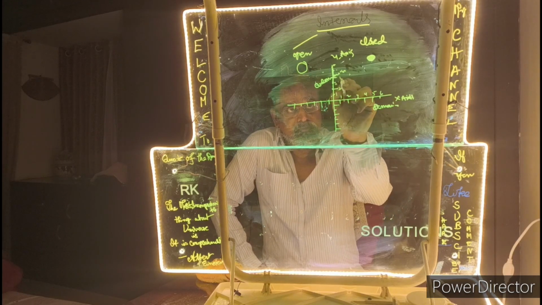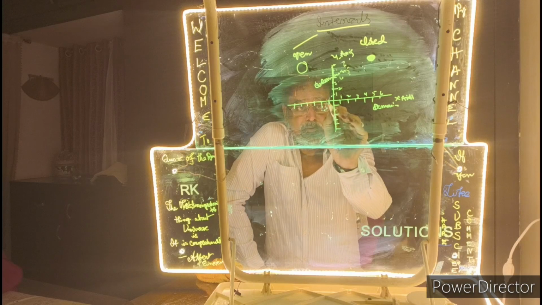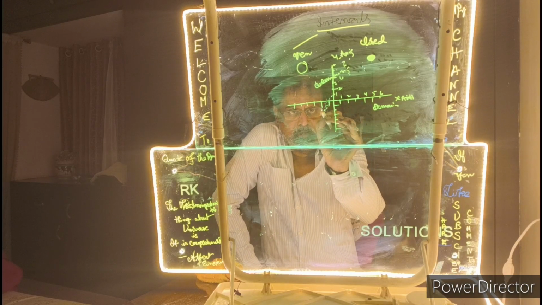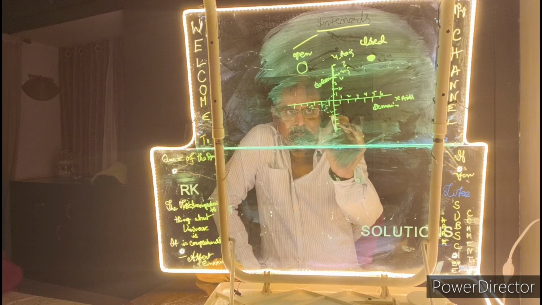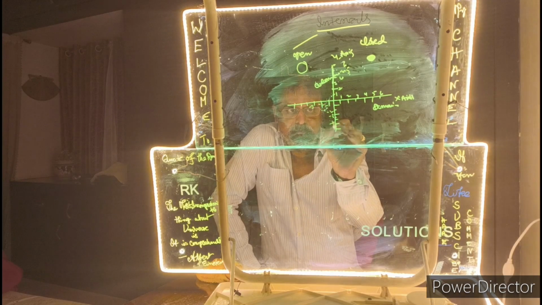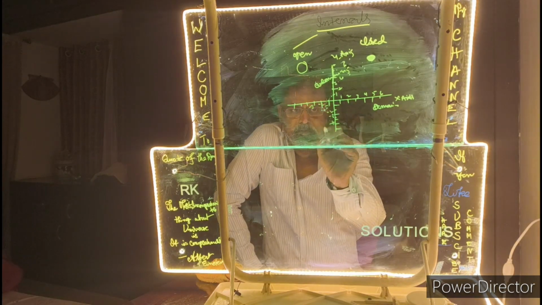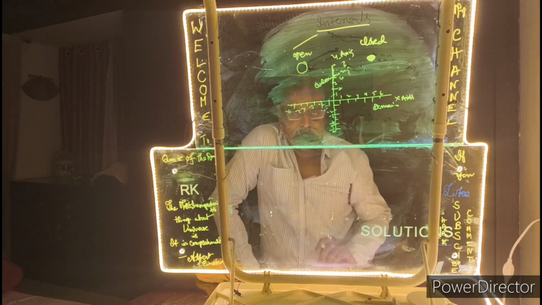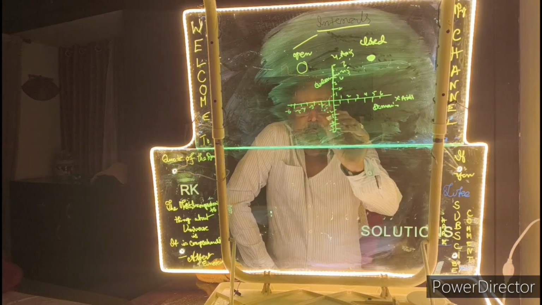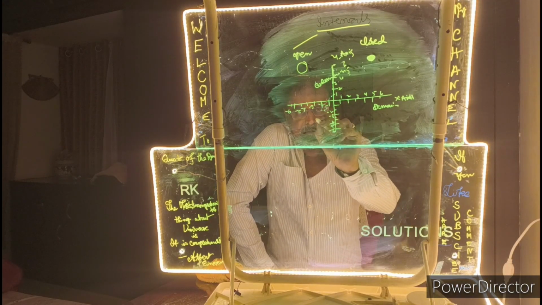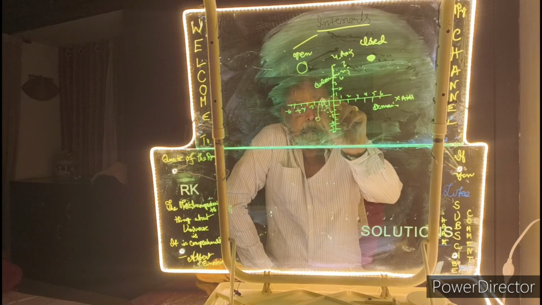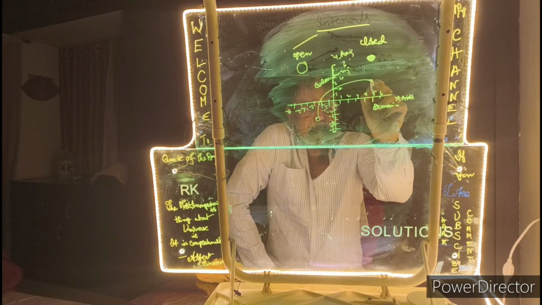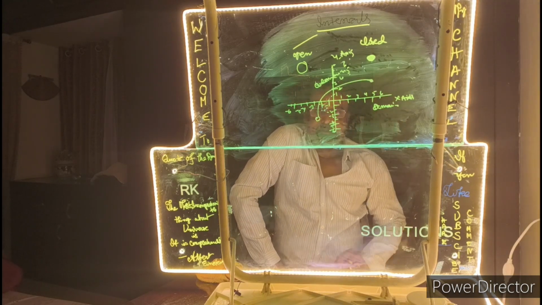One, two, three, four, one, two, three, four, minus 5, 5, 6. So, we'll suppose there's a function like so.